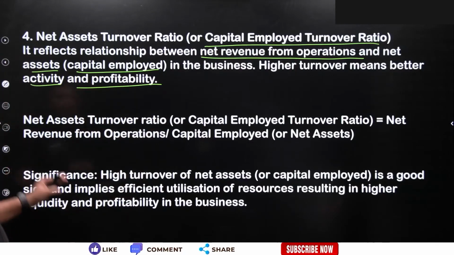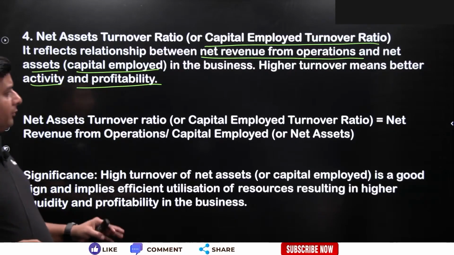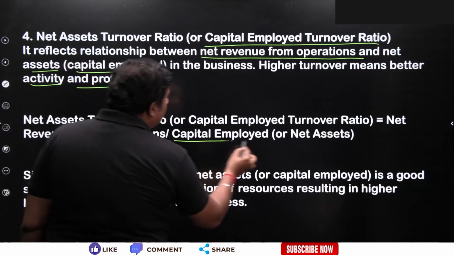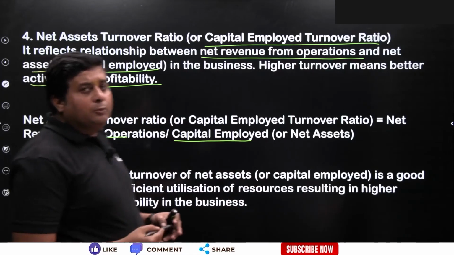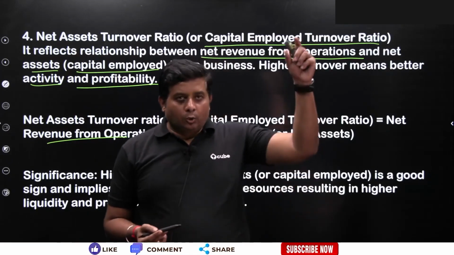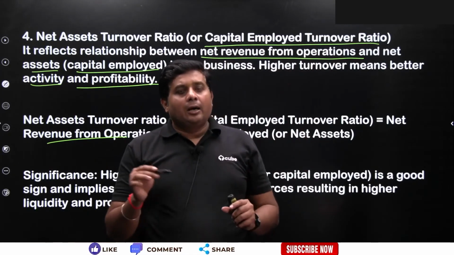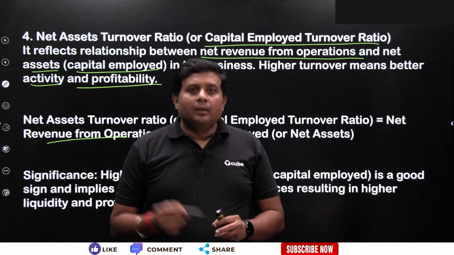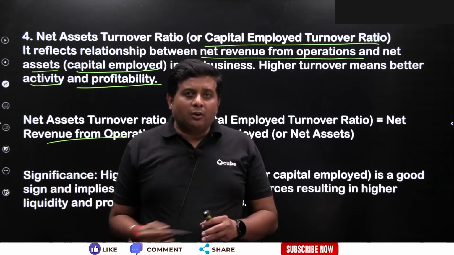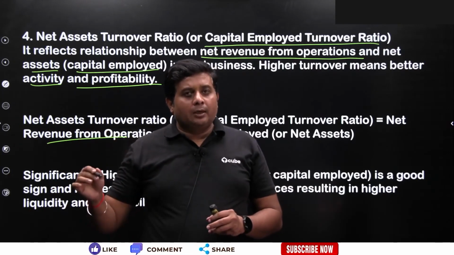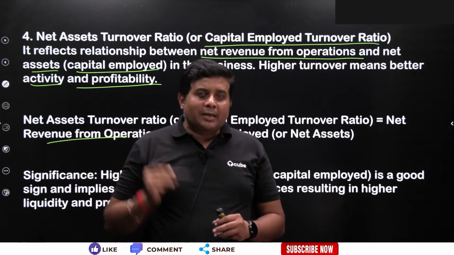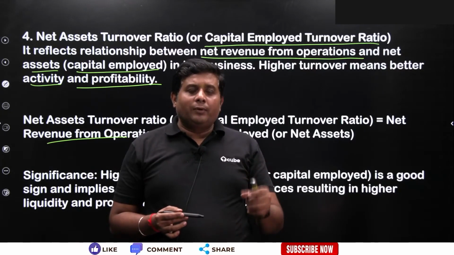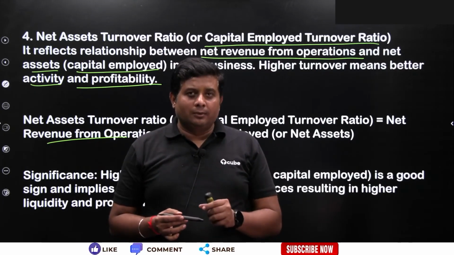The formula is net revenue from operation upon capital employed or net assets. Whenever I am talking about net assets, it's real simple. It is the total value of your assets, and if depreciation is given, we need to subtract the value of depreciation. In debtors, if a provision for bad and doubtful debts is given, that provision is subtracted from the debtors in order to find the true value of net debtors.